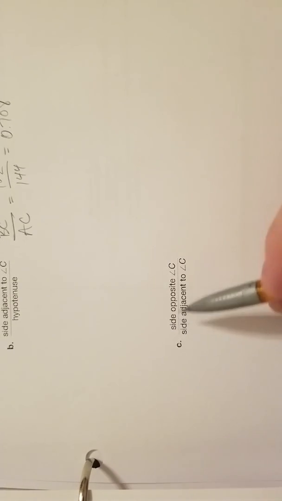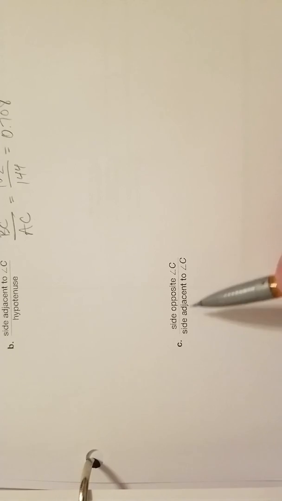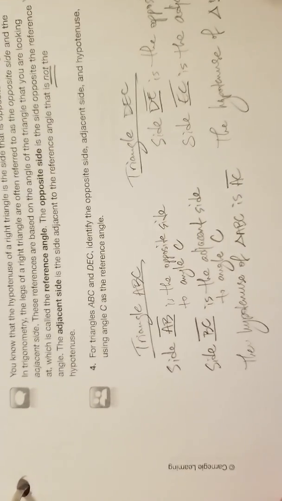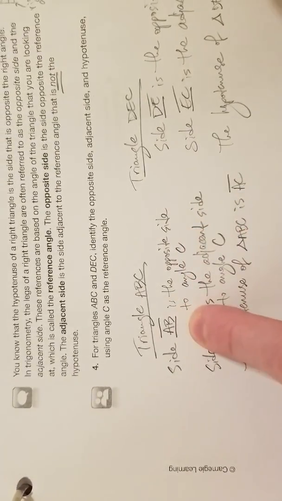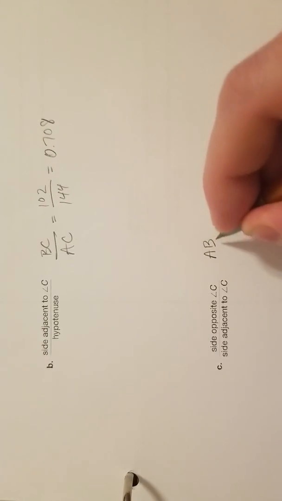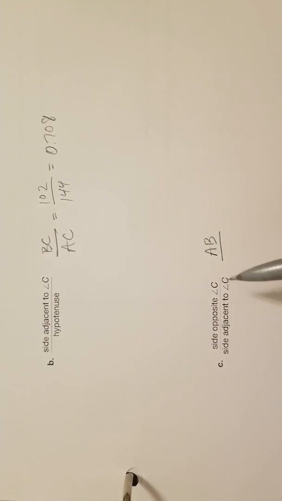Now let's look at part C. We want the side opposite of angle C divided by the side adjacent to angle C. So the side opposite of angle C, let's look down here, is AB. So let's get AB. And we want to divide that by the side adjacent.